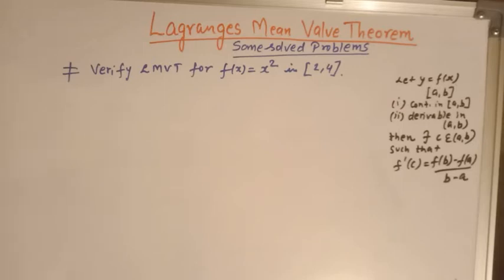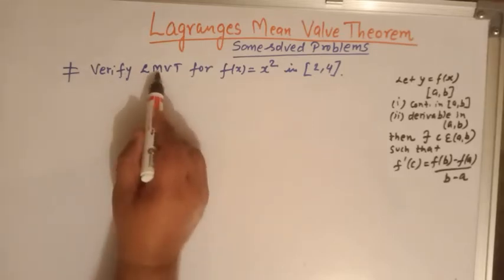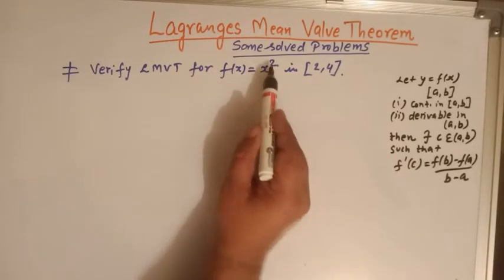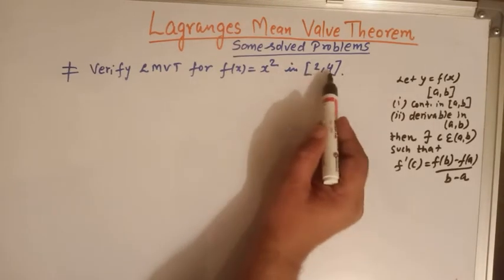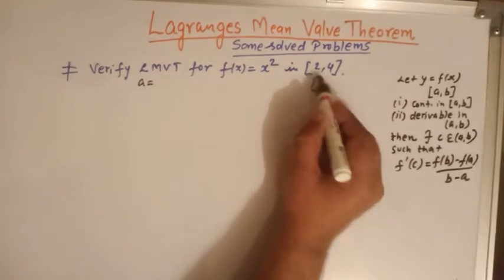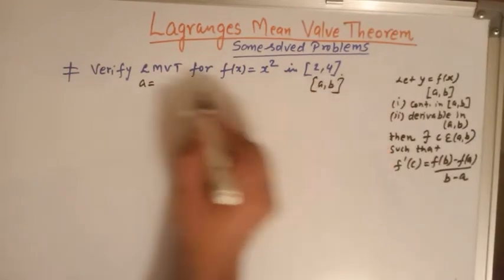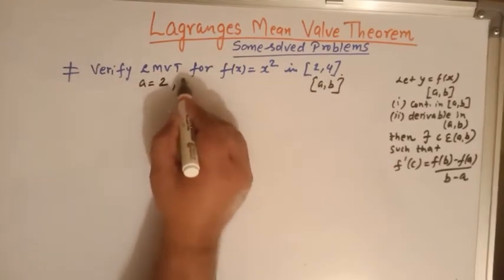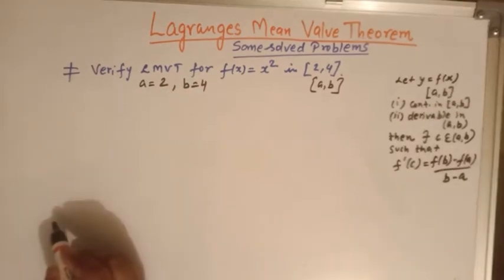So here we have the problem: verify Lagrange's mean value theorem for f(x) equal to x square in [2, 4]. If we compare this with [a, b], then we have a equal to 2, b equal to 4. Clear?